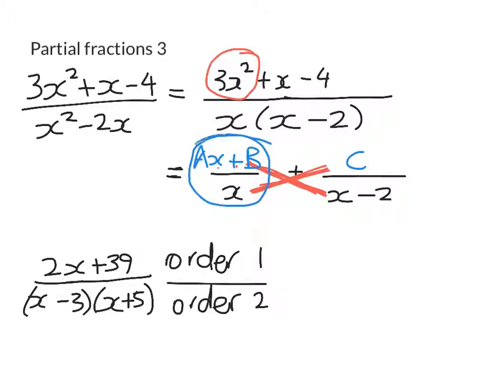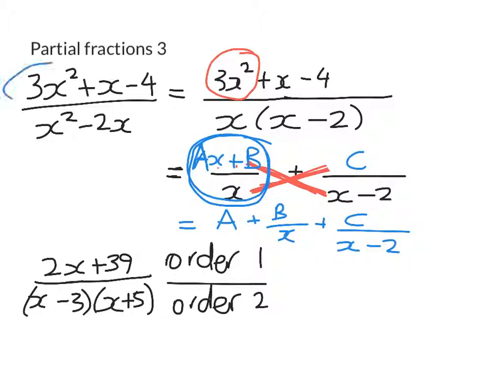But now if we take a look at this first one here, I can rewrite that as a plus b over x plus c over x minus 2. What that's telling me is that when I've got a partial fractions problem in which the order is the same for the numerator and the denominator, I'm going to start with a numerical value here.